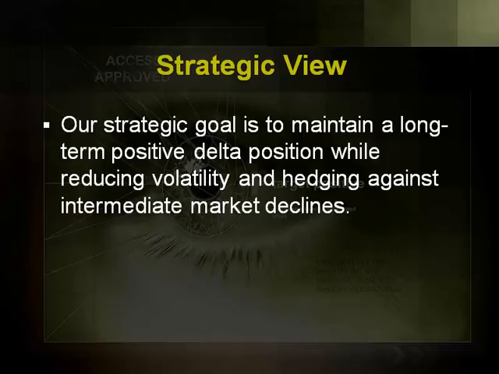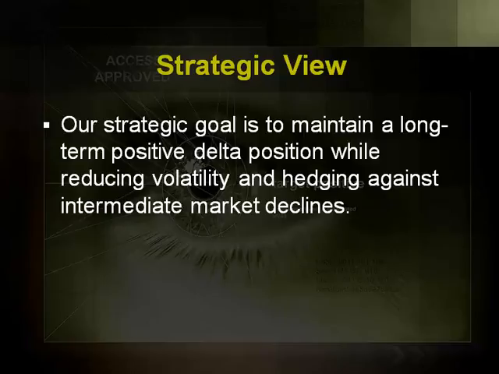So we want to be positive delta because that's where we're going to create most of our wealth. But we want to reduce the amount of volatility in the portfolio because we've seen what volatility does to long-term returns when you cannot compound your earnings.